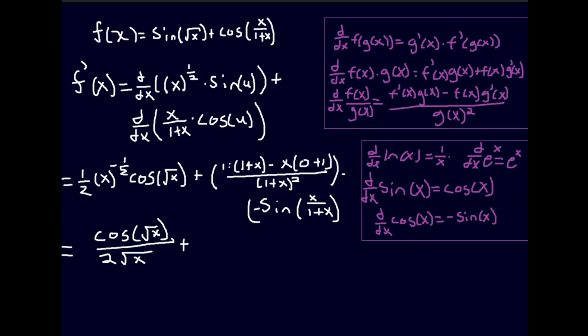Just simplifying this, 1 times 1 is 1, 1 plus x minus x times 0, 0 minus x. We can see that this plus x and minus x will cancel, so I'm just going to remove them and leave this as 1. So this will be 1 over 1 plus x squared.